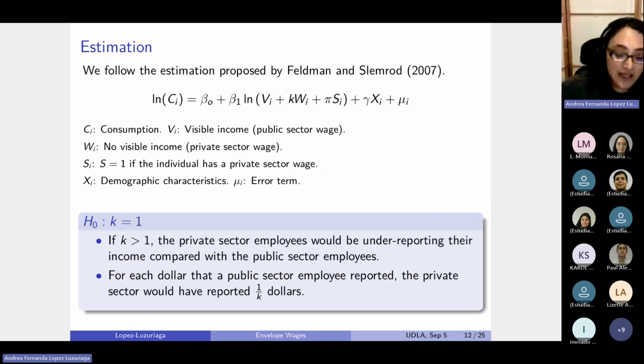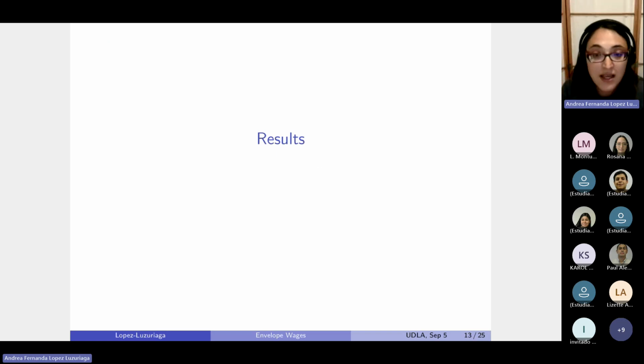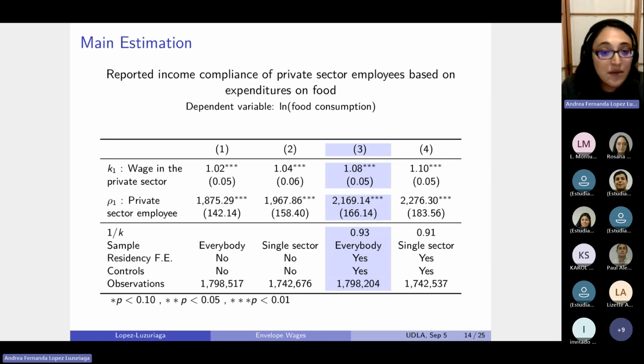Yeah, so the idea basically will be something like for each dollar that the public sector employee reports, the private sector employee will report this amount in some sense. So basically the main estimation is telling us this. We do this in several ways, including residency fixed effects, to account for the fact that not on all occasions you have the same number of wages from the public sector.